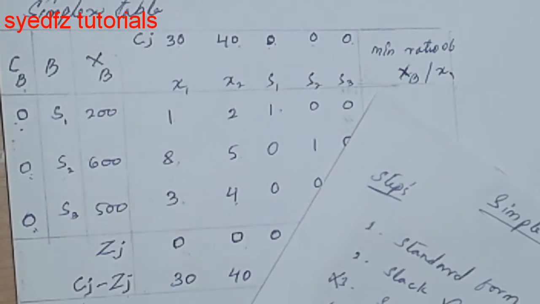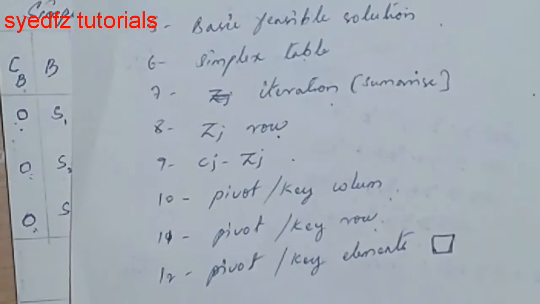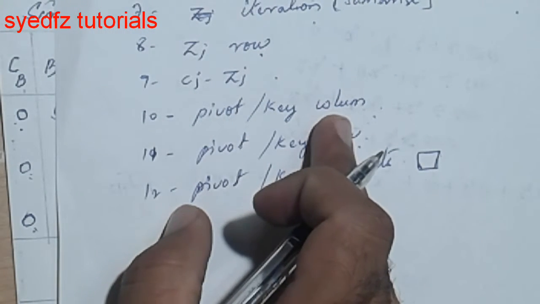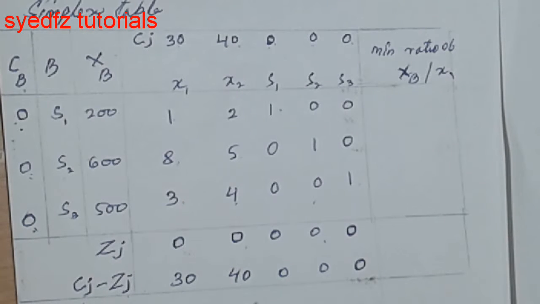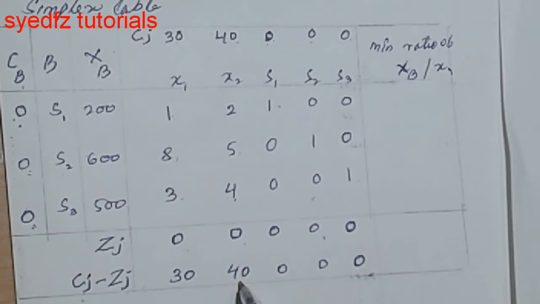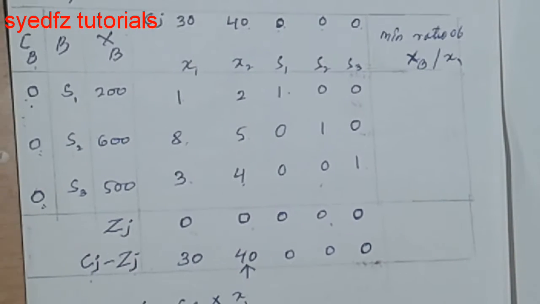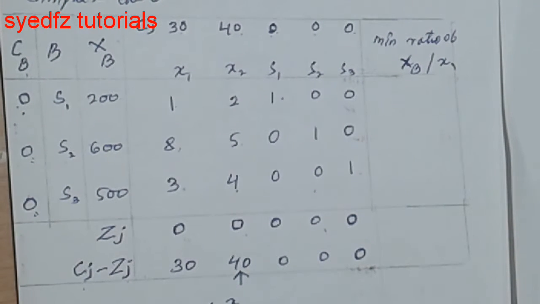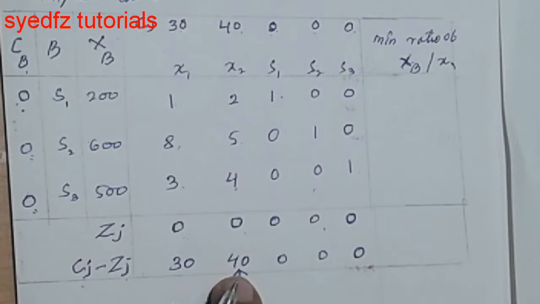What is the next after Zj? Pivot key column. Pivot key column means which is the maximum positive value. This 40 is the maximum positive value. When you solve this, you come to know the simplex is solved when all these values are zeros, negative, or 0.